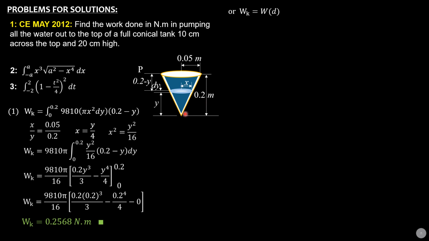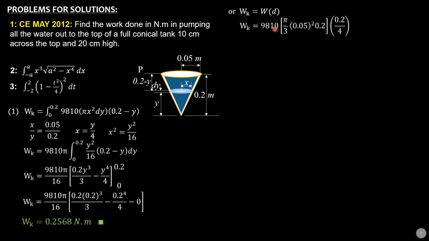It is 3/4 of the height from the vertex, but from the point of disposal, which is the top level, which coincides with the base that is inverted. So work is weight, 9,810 newtons per cubic meter, the specific weight of water, times the volume of the cone, which is pi times 0.05 squared times height 0.3. Then the point of disposal is 0.2 over 4 or 0.05.